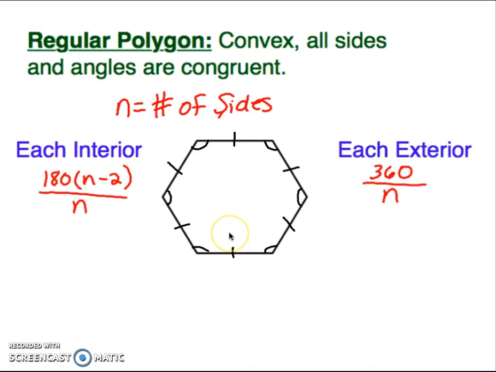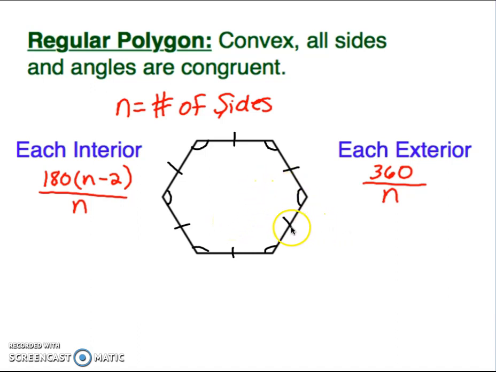In this picture, if we count the sides like we did, 1, 2, 3, 4, 5, 6, we know that it has 6 sides. So since it is a regular hexagon, if I want to figure out the interior angle, I'm still going to plug in my sides for n.